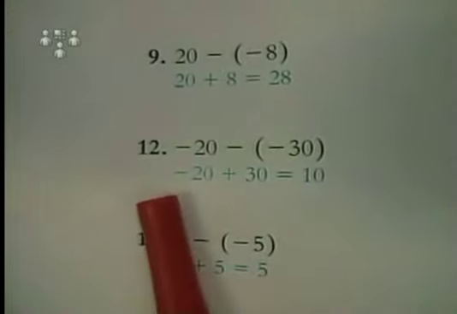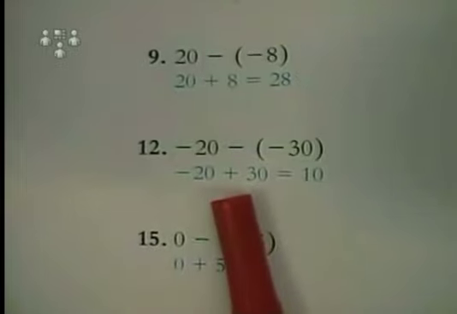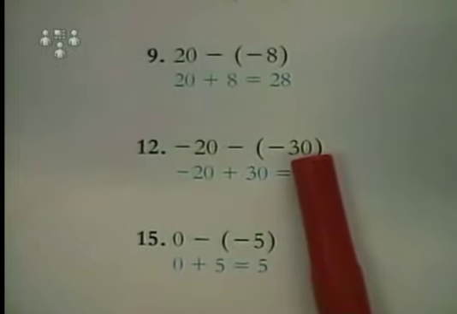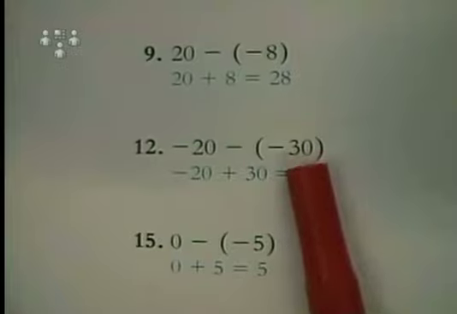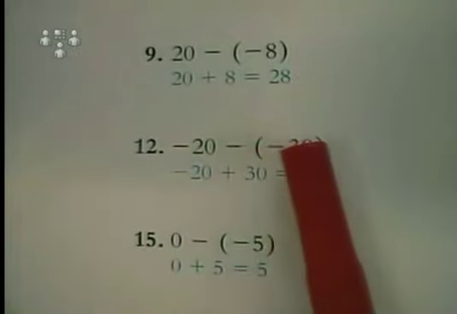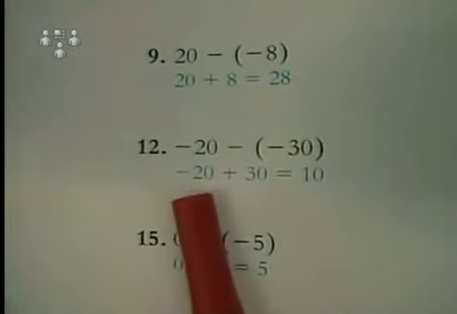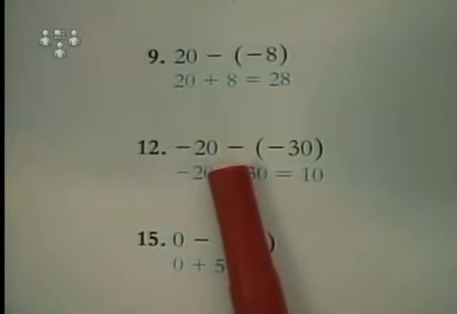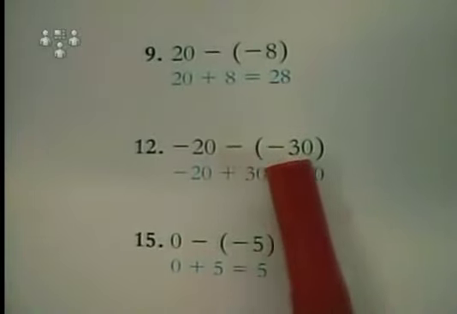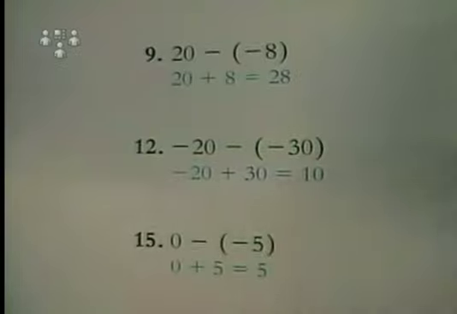You treat this as negative 20 plus what? The additive inverse, and you've got to say in your head, negative 20 plus the additive inverse of negative 30 is 30. I think you need that plus sign in front of the minus 30. Now, the fact that you get 10 there should be fairly obvious to you.